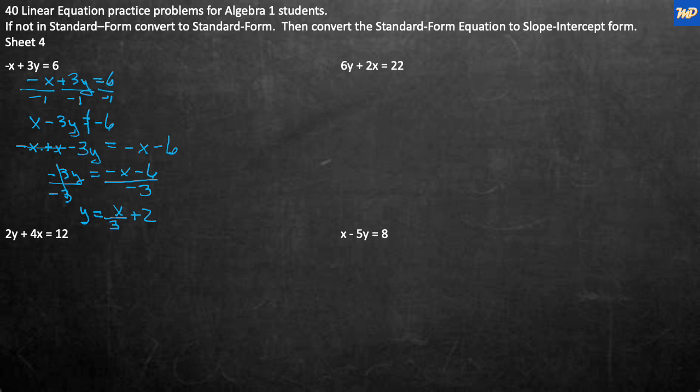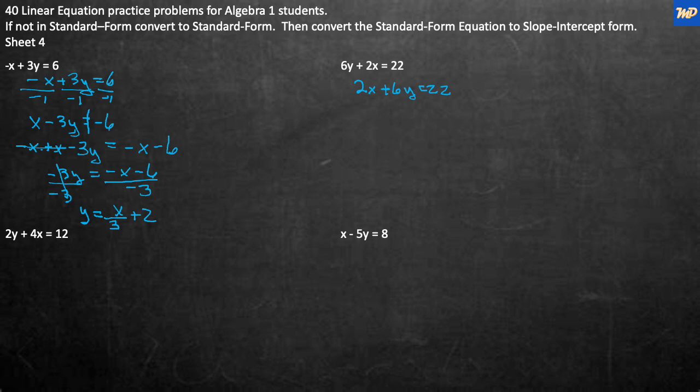Next equation. These two terms, the x and the y term, are in the wrong order. So we're going to rewrite it right now. 2x plus 6y equals 22. Okay, so this is new, I think. There's a common term. This still is not standard.